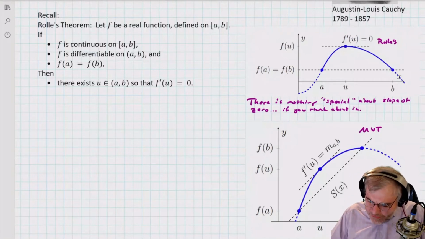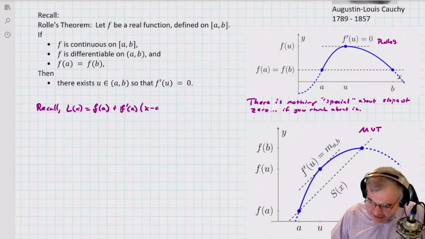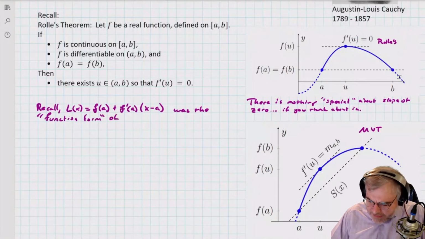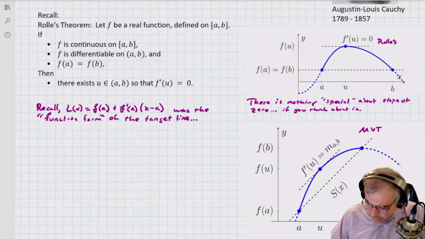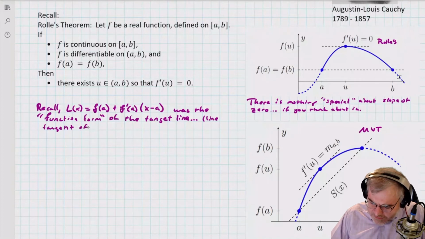Recall the following: L of X equals F of A plus F prime of A times X minus A was the function form of the equation of the line tangent to F at X equals A.